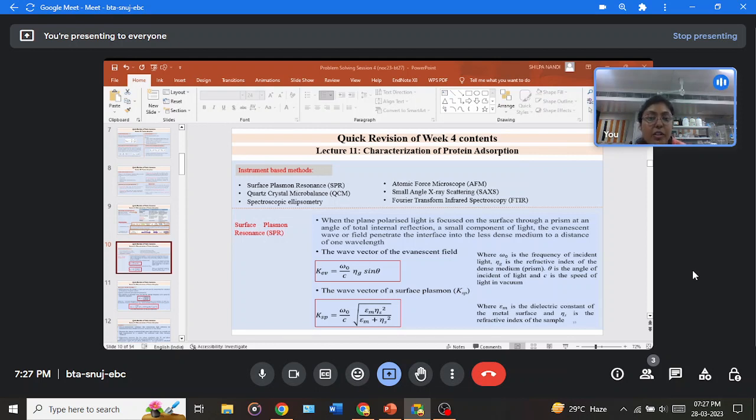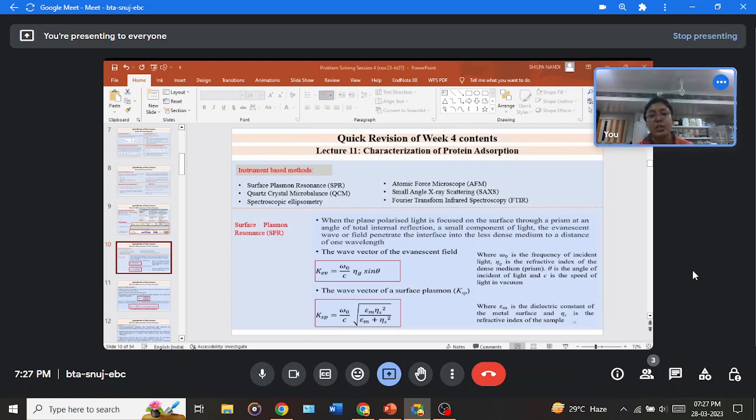So the wave vector for this field is given as K_EV equal to omega naught by c times eta g sine theta, where omega naught is the frequency of incident light, eta g is the refractive index of the dense medium, that is the prism, theta is the angle of the incident light, and c is the speed of light in vacuum.